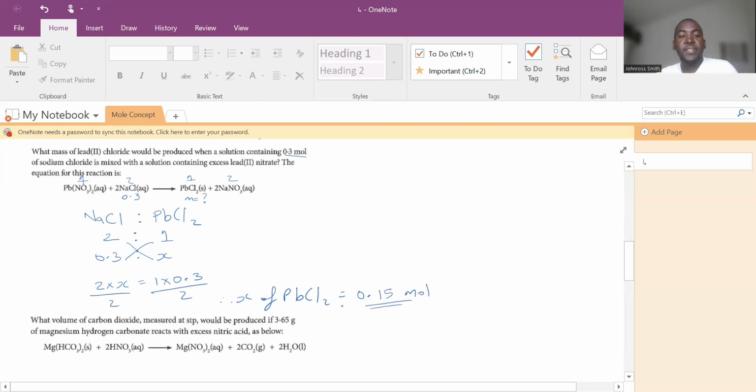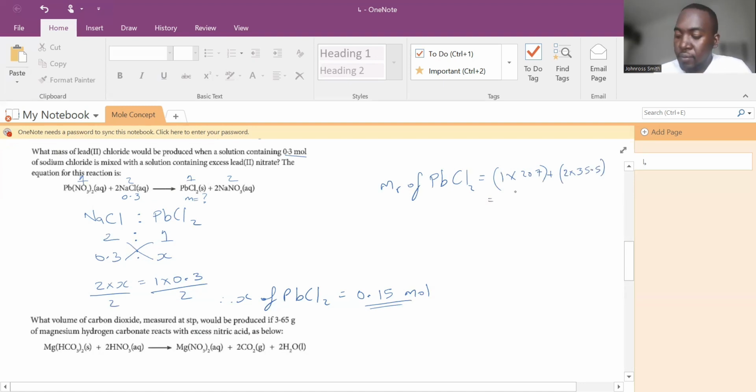All right, but that's not what we want. We want the mass of lead chloride. So therefore, we will now have to look into the molar mass, right? So we need to know what's the mass of lead chloride. So the molar mass of PbCl2. And we go with 1 times the mass of lead, which is 207, plus 2 of Cl, which is 35.5.